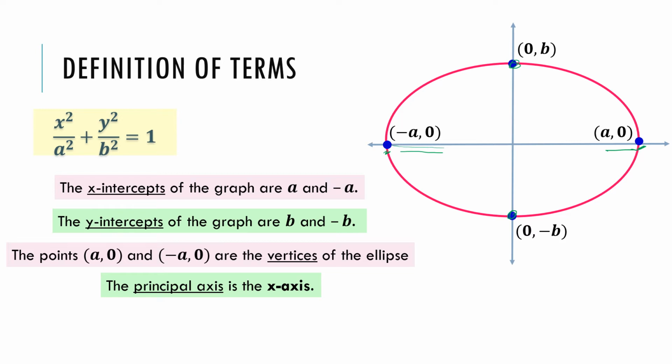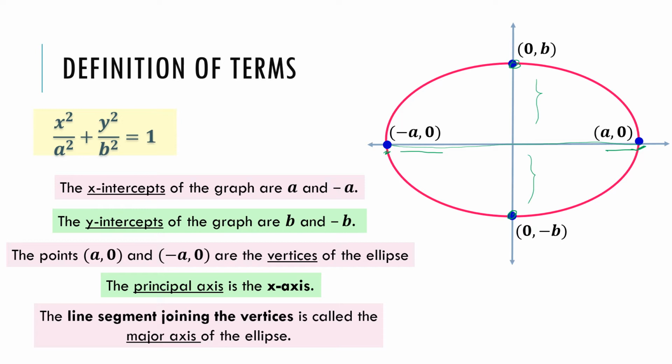Kasi pag hinati natin sa gitna, symmetric etong part na to, at saka yung part na to. The line segment joining the vertices is called the major axis. Ang major axis siya lagi yung pinakamalaki. So, hindi pwedeng ito, kasi mas malaki itong nakay x-axis. So, this is our major axis.